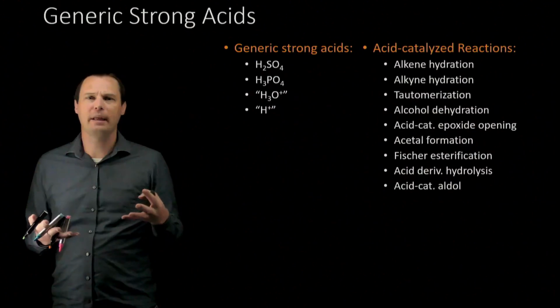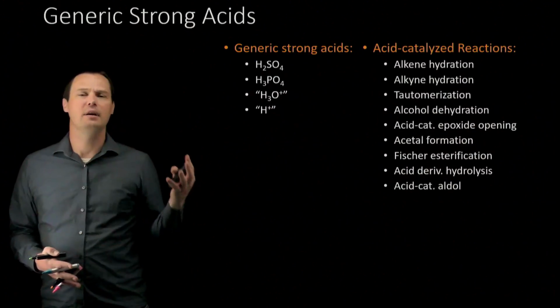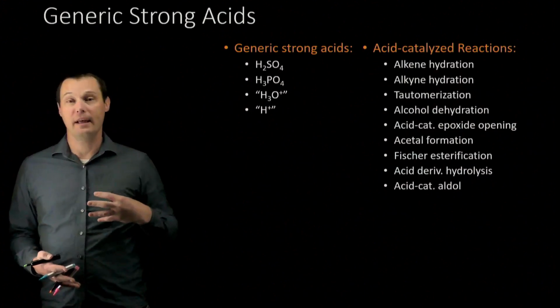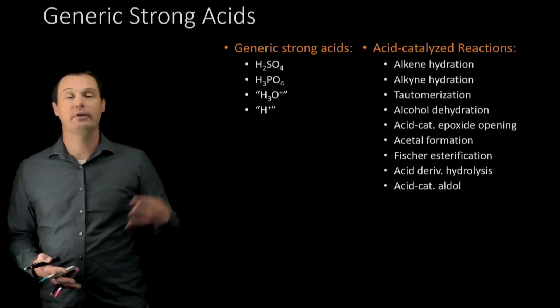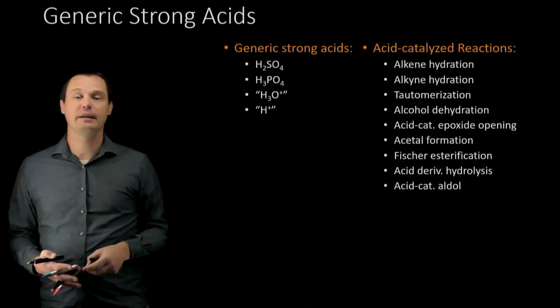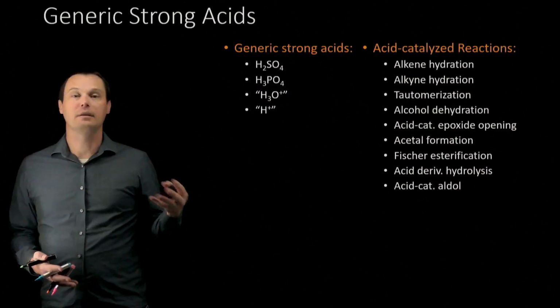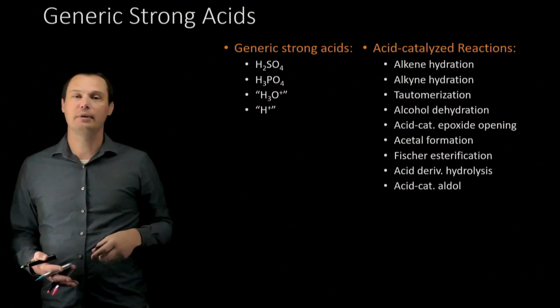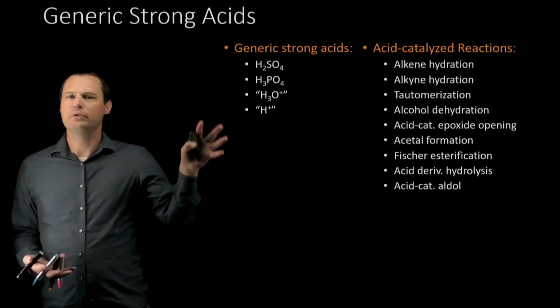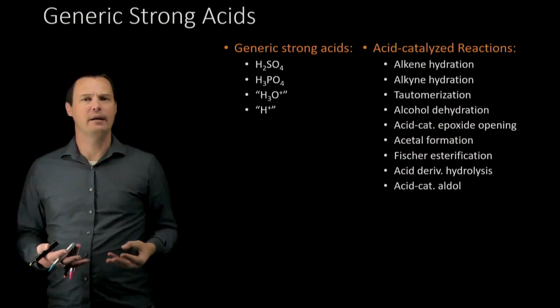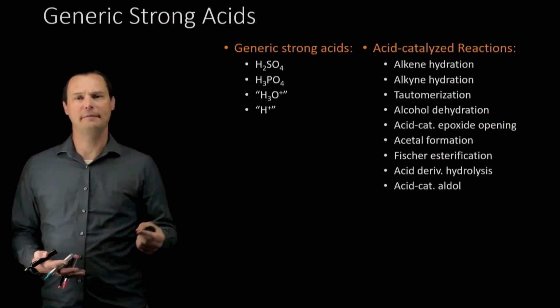You just don't have bare H plus floating around. It's always H3O plus, and H3O plus always has some kind of counter anion, and the counter anion comes from whatever acid you used. So the counter anion to H3O plus could be HSO4 minus or H2PO4 minus, whatever acid you use to make H3O plus. So there's nothing wrong per se with H3O plus and H plus. It's just not actually what you add. You add sulfuric acid. You add phosphoric acid.